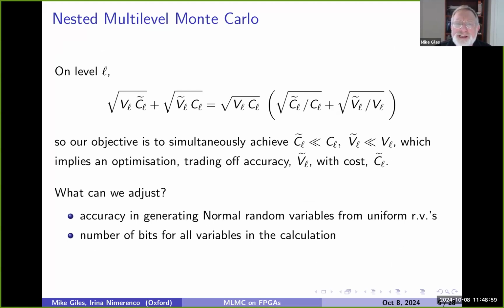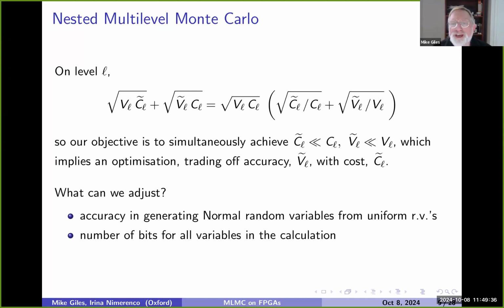It highlights that what we want to achieve here is a CL tilde that's much less than CL, but also a VL tilde that's much less than VL. So there's an optimization trade-off here: making VL tilde very small would suggest that we use more bits in the calculation, but doing that is going to drive the cost up for CL tilde. So we have to find the sweet spot.